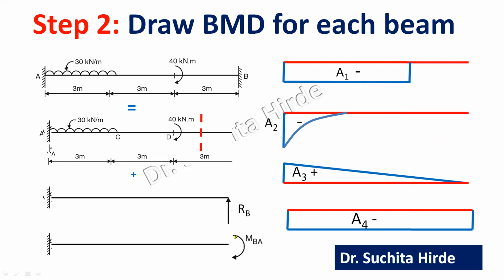Then bending moment due to this moment, it is hogging moment, and its effect is just like a downward force on the beam, and therefore it is MBA. So it is constant MBA throughout this beam. So this is how to draw the bending moment diagram in this case.